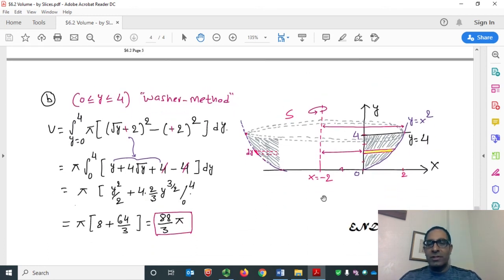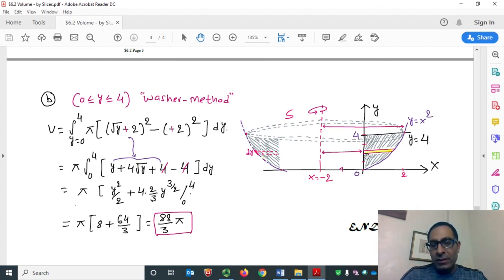And now we have a totally different solid here. Our region is bounded by y equals x squared, y equals 4, and x equals 0. Now we are rotating around x equals -2.